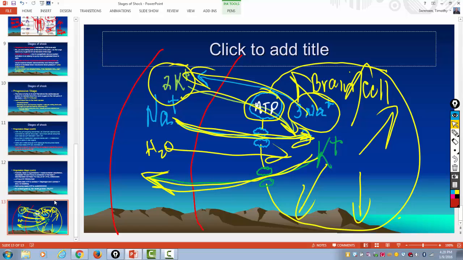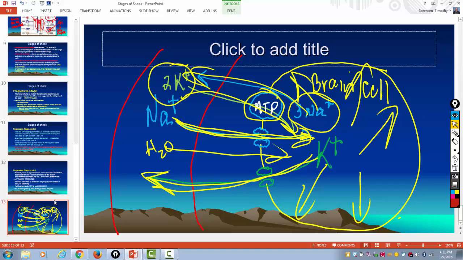That is irreversible shock. Now here's the thing, and you work in an ER or an ICU, and people don't understand this. Because the brain is the most sensitive to changes in pH and fluid shifts, a person with permanent brain damage as a result of this, you may be able to get their heart started and they may be breathing on their own. All of their other organs are working okay, but nobody is home because the brain cells have ruptured due to this inability to keep the sodium potassium in balance.